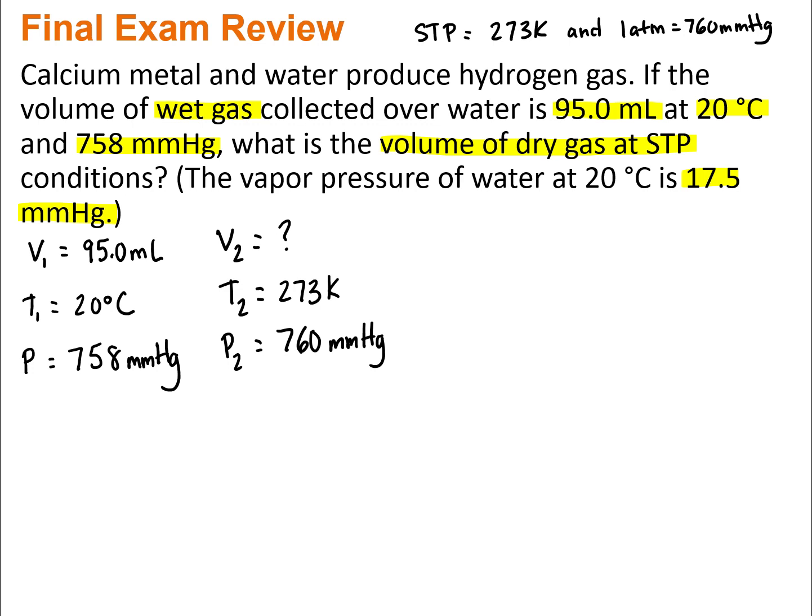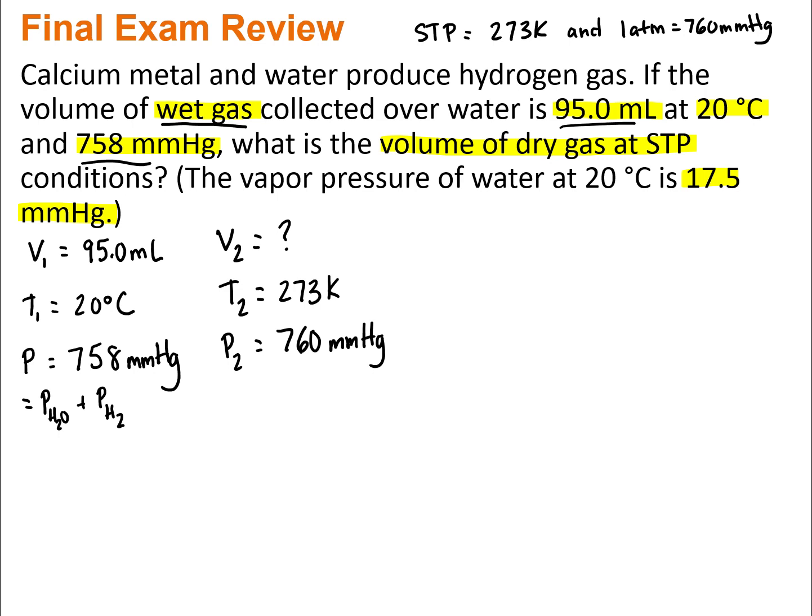But we haven't addressed the fact that we were told the volume of wet gas and the pressure of the wet gas. Wet gas means that this is the pressure of the water vapor plus the pressure of the hydrogen gas. The pressure that we're given, the volume of dry gas at STP, that pressure is just the pressure of the hydrogen gas. So we need to get rid of the pressure from the water.